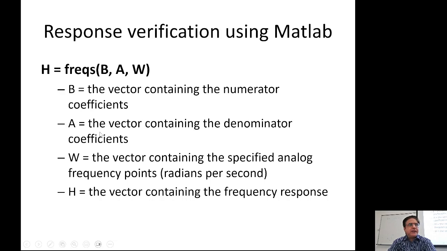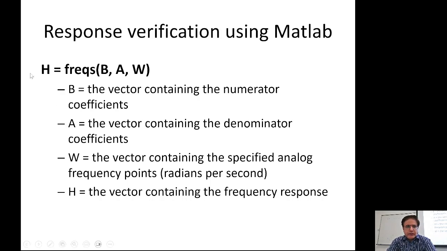A is the vector containing the denominator coefficients. W is the vector containing the specified analog frequency points at which you want to compute the frequency response. And H will be the output vector, the result of computing the frequency response at those frequencies.